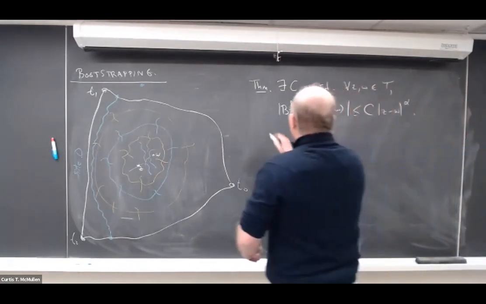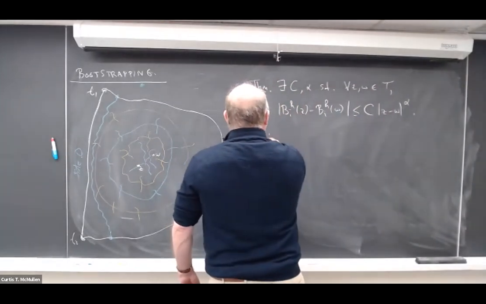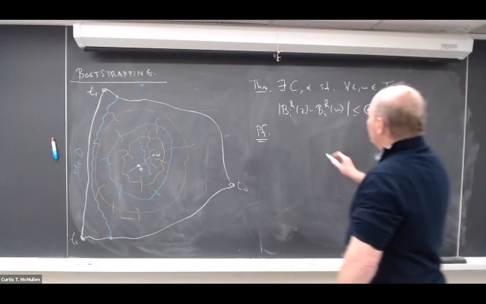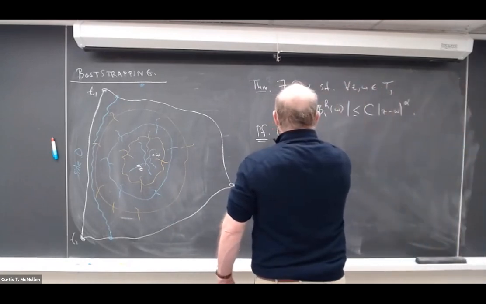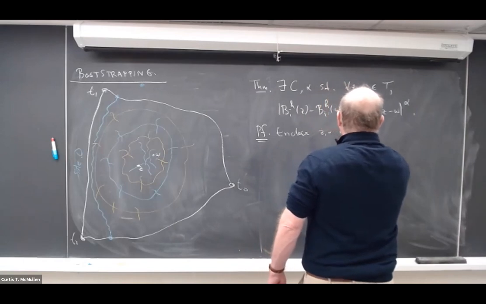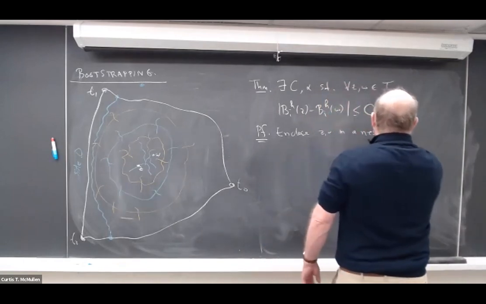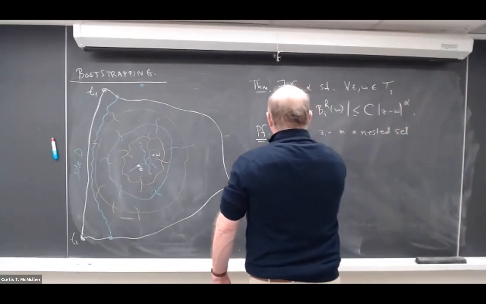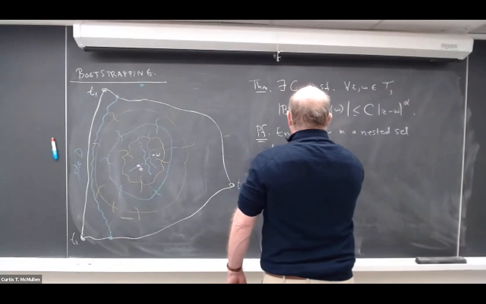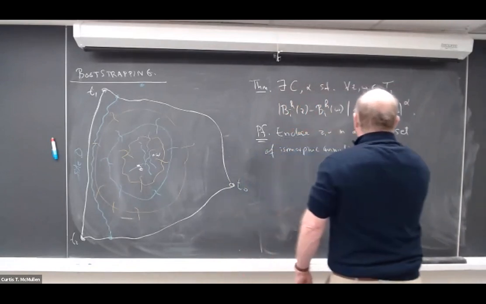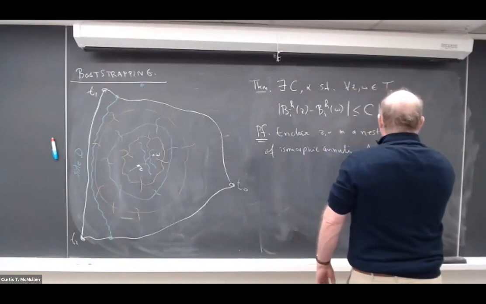Okay, so for the proof of this, what we do is we enclose Z and W in a nested set of isomorphic annuli, by which I mean of the same modulus, just like we did a moment ago. A1, A2.